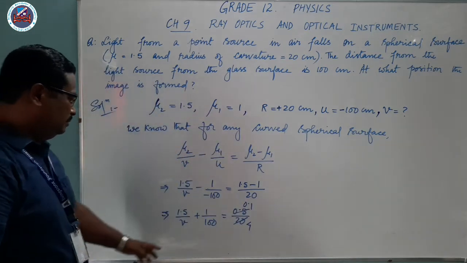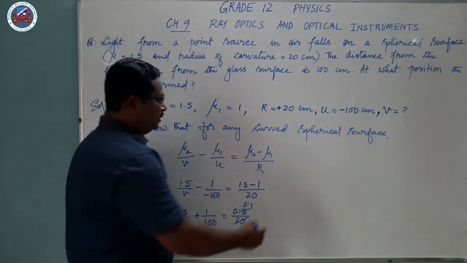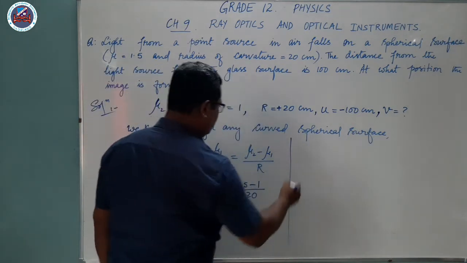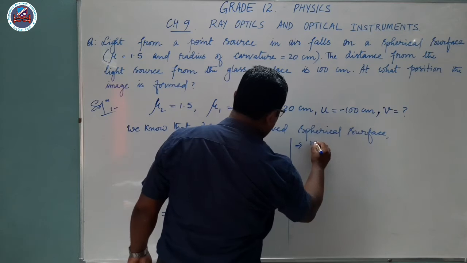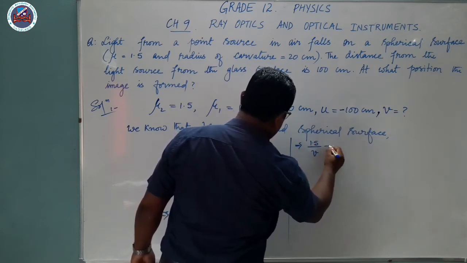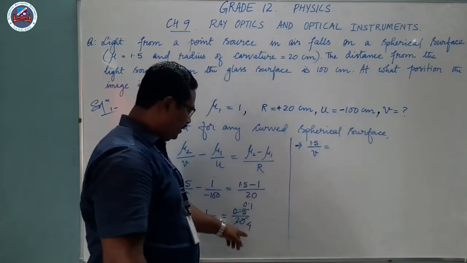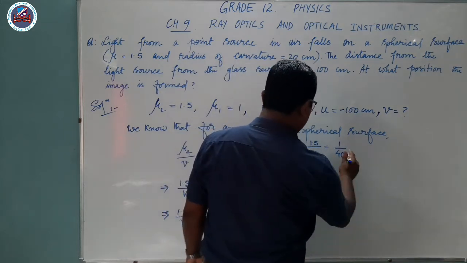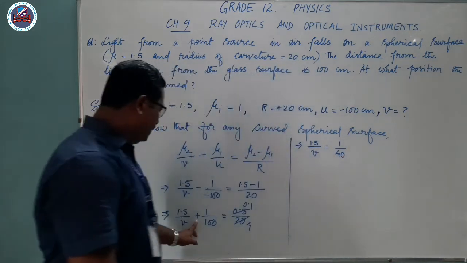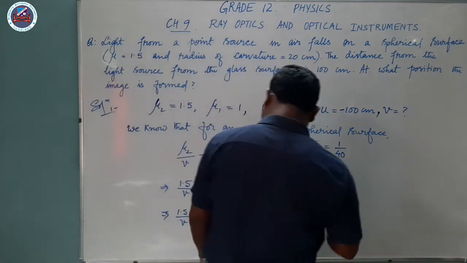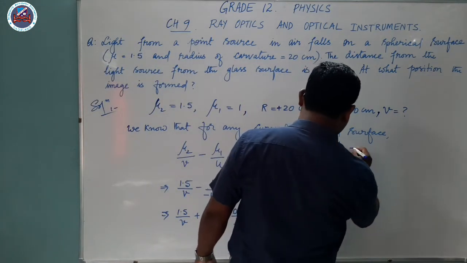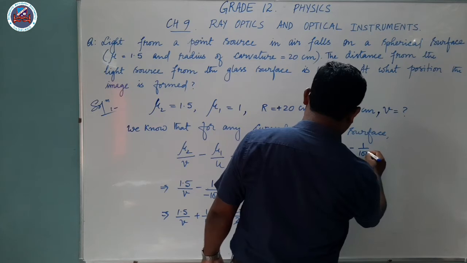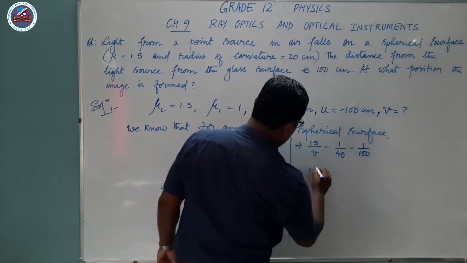So then we can transpose this value towards your right hand side. 1.5 by v is equal to 0.1 by 4, that is 1 by 40, you can write, removing the decimal. Plus on your right hand side, it will become minus 1 by 100. Then calculate it.